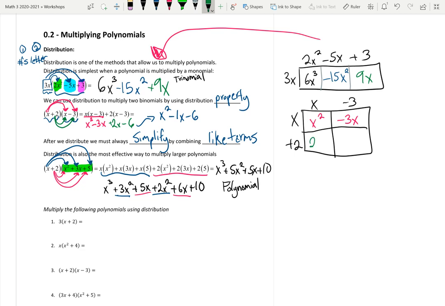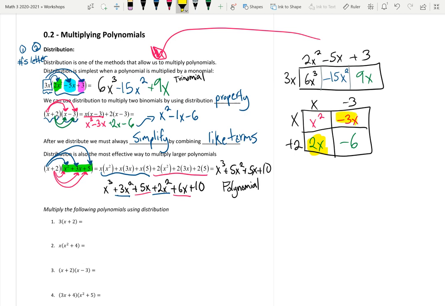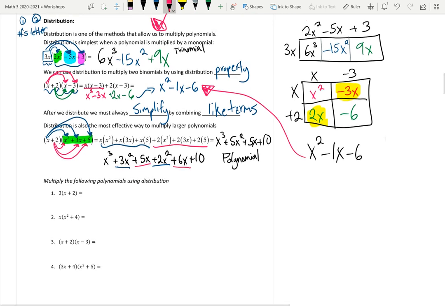Likewise, I get 2x, and then I'm going to get negative 6. Now, you might notice that I'm going to combine like terms. So before I even write my final answer, I can do x squared minus 1x minus 6. And voila, it matches.